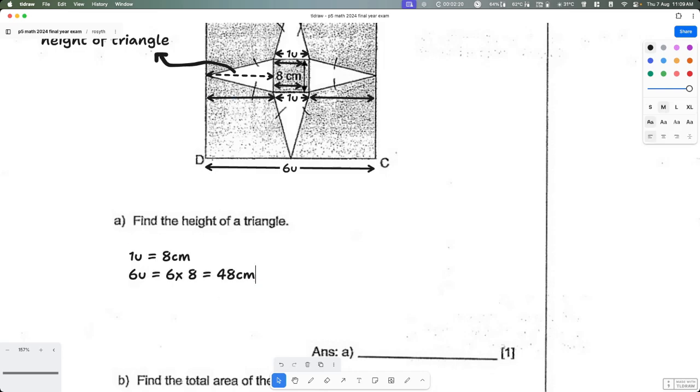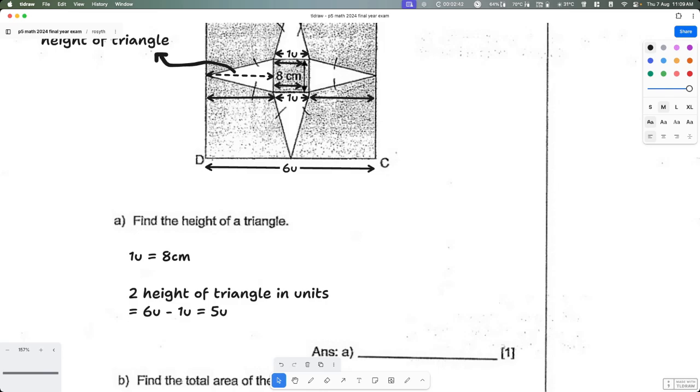Two heights of the triangle in units is equal to 6 units minus 1 unit, which is equal to 5 units.